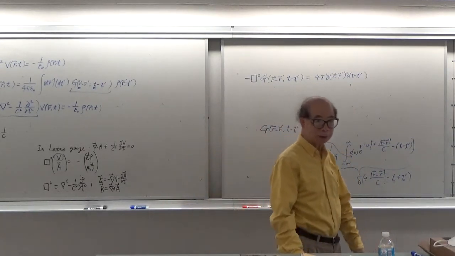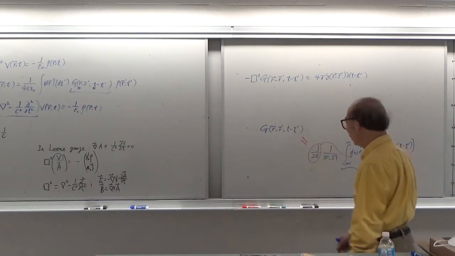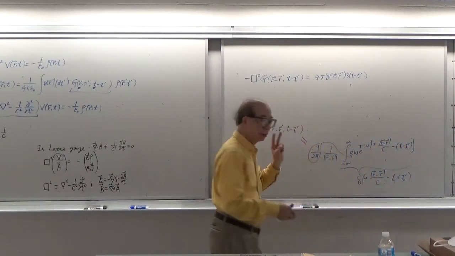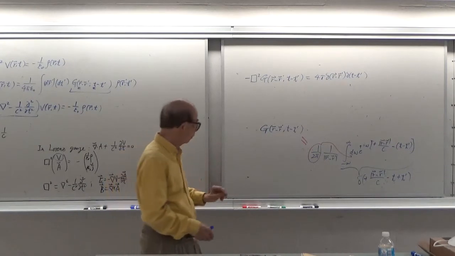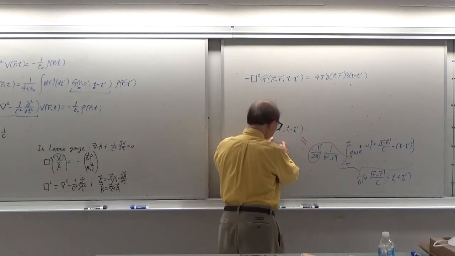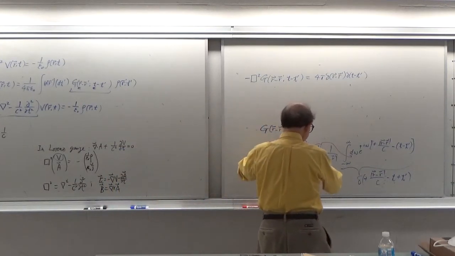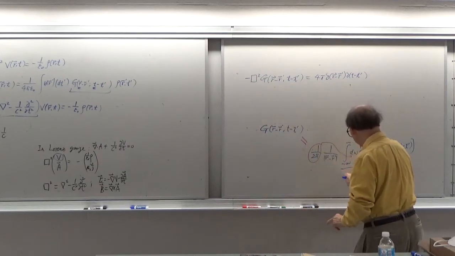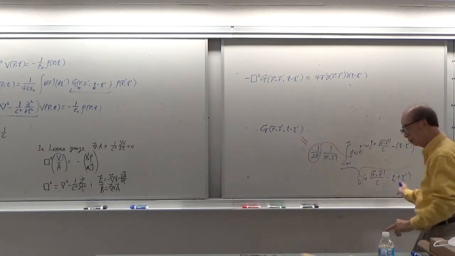And the result is surprisingly simple. Namely, we found two solutions. One is equal to 1 over R minus R prime times this delta function.